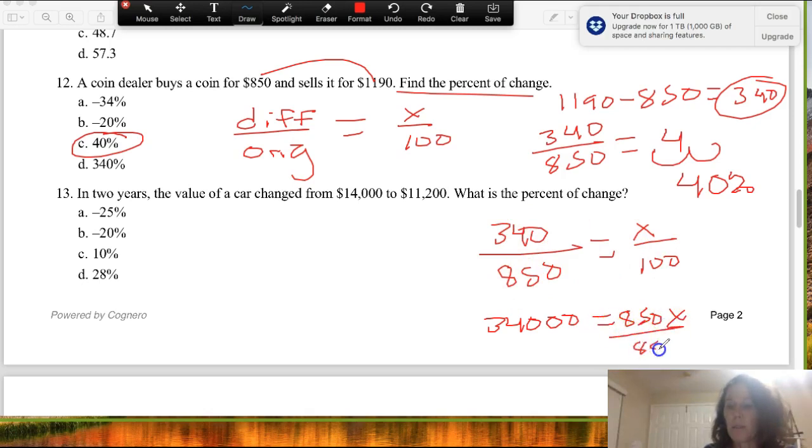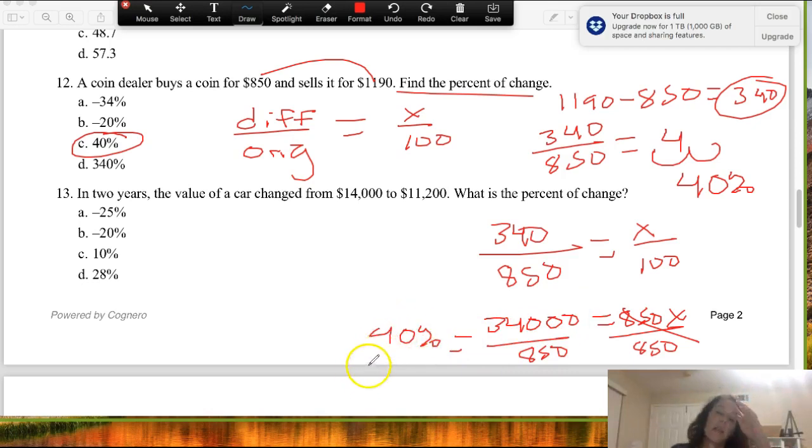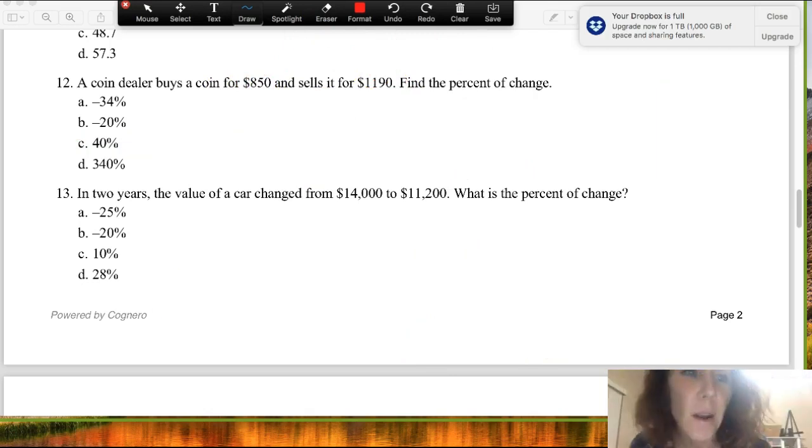Then divide both sides by 850. That eliminates, and you get 3,400 divided by 850, which would give you the 40%. Okay, 40% is the percent of increase. So if I take 850 and I multiply it by 40%, and then I add it to 850, I'm going to get 1190.